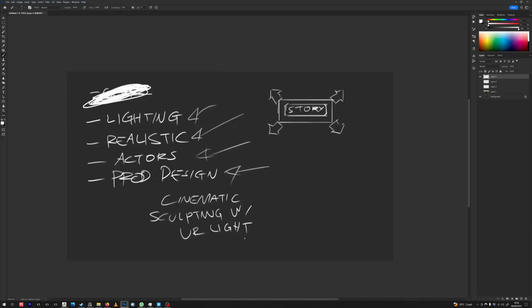I was too zoomed in. Saying cinematic is sculpting with your light is like saying that a human is a foot. A foot is a part of a human, but it's not the whole human. A human is every single thing. A foot is just a part of it.